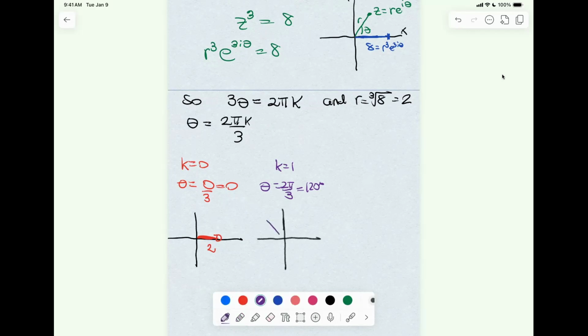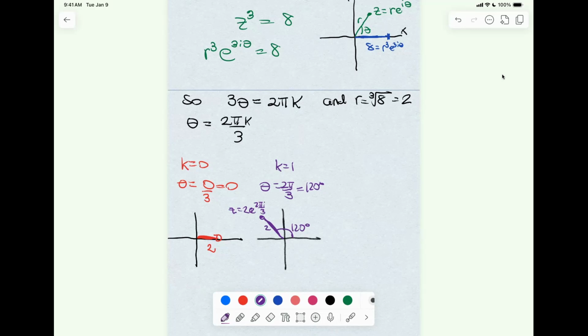I will put it in degrees just so that it's easier to think about. According to Euler's form, this point is 2 times e to the i pi over 3. Okay.